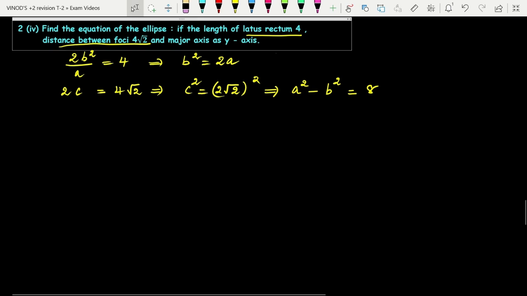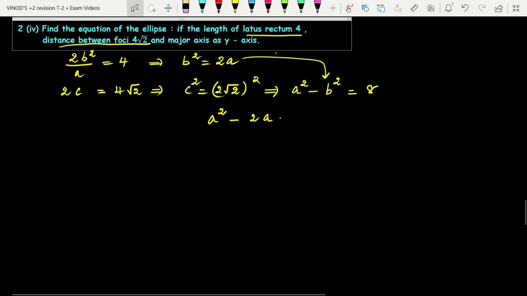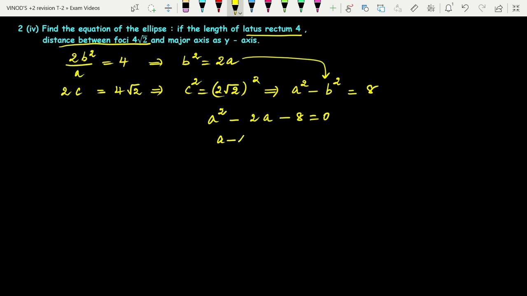And now the b square value is 2a. So substituting b square as 2a, you get the quadratic equation a square minus 2a minus 8 is equal to 0. If you factorize this, you can write it as (a minus 4) into (a plus 2) is equal to 0.